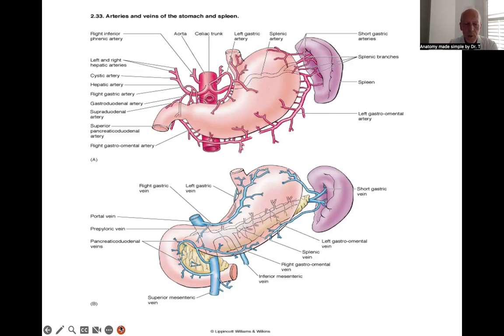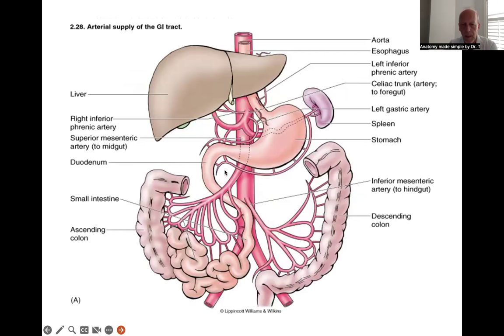Should we go to the next slide, I want to introduce the superior mesenteric artery. The superior mesenteric artery takes care of practically the jejunum and ileum.